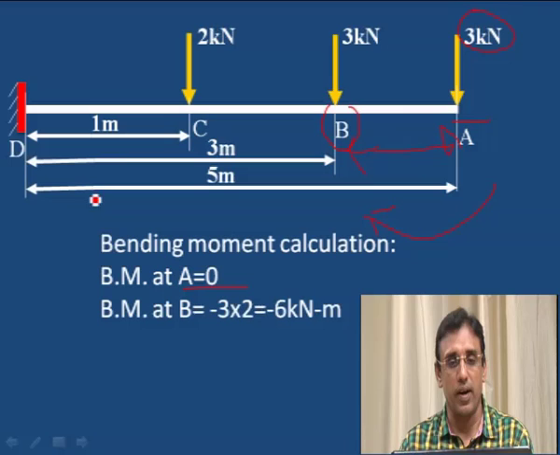What is the distance? 5 meter is the total span and 3 meter from D to B. If you do 5 minus 3, you will get 2 here. That is 3 into 2, minus 3 into 2 is equal to minus 6 kilonewton meter. This is the bending moment at B, force into distance from the A point to B.